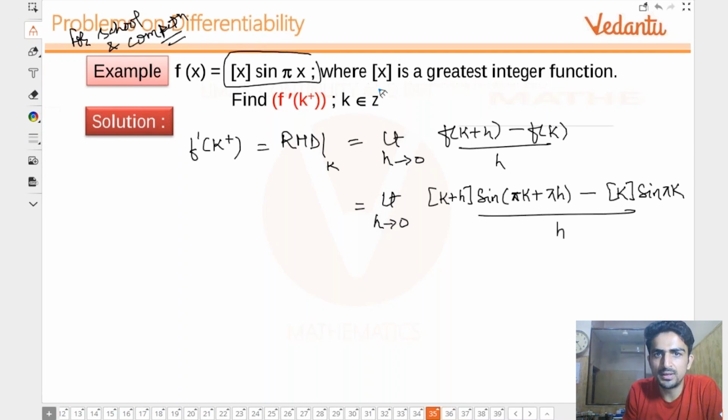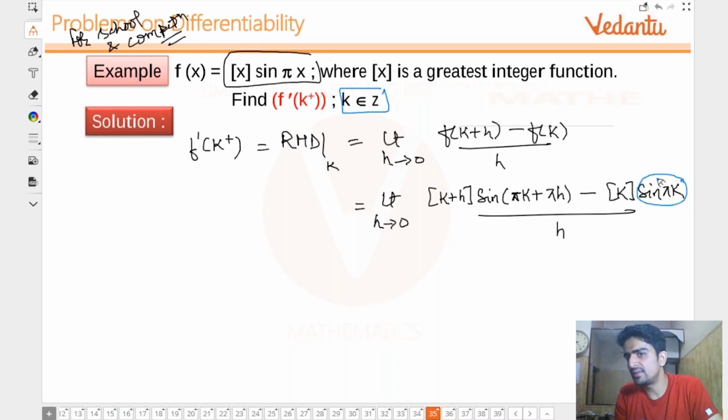First basic concept, guys, k is integer and sine at n pi, where n is integer, is 0. Sine pi, sine 2 pi, sine of n pi are all 0. So this term reduces to, now I can clearly assume that greatest integer of k plus h is k.